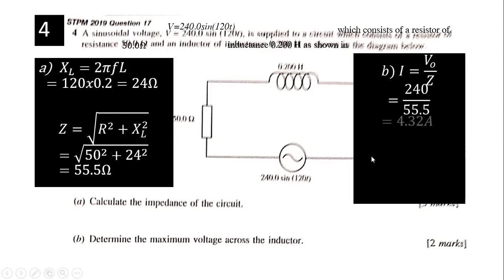So that's your current in the circuit, your peak current. And for the inductor, the voltage across the inductor is I times XL. I is your peak current, and this is your XL. Okay, can?